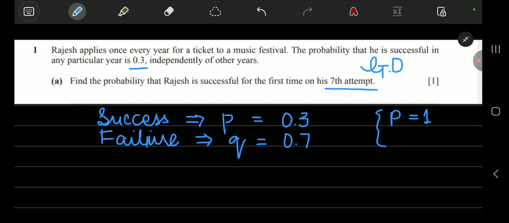We all know very well that the probability for x equals r for a geometric distribution is equal to q, the failure, to the power r minus 1, times p to the power 1. And what is r here? R is at which attempt you are getting the success.